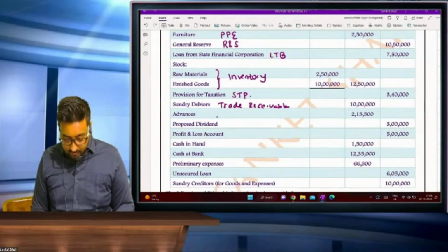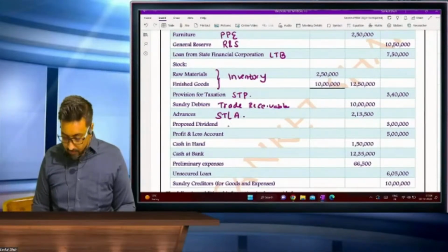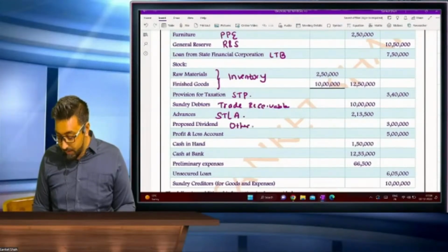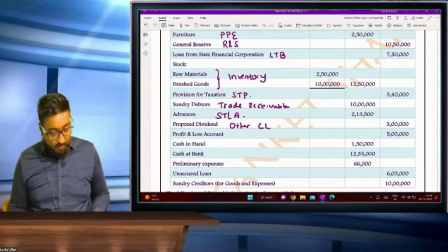Advances. Short-term loans and advances. Proposed dividend, other current liability. Other current liability.